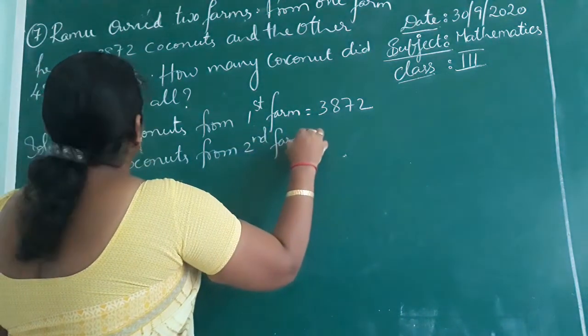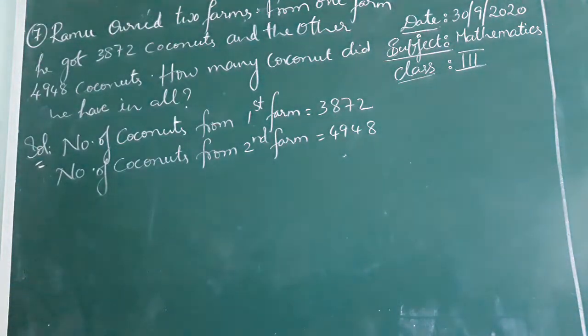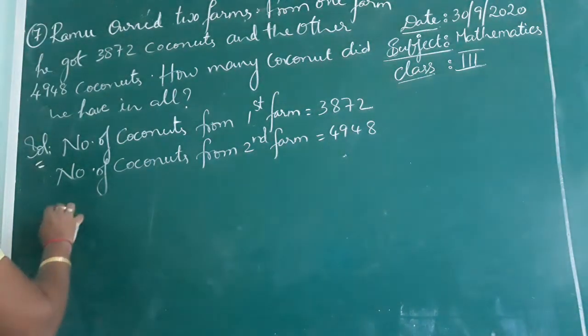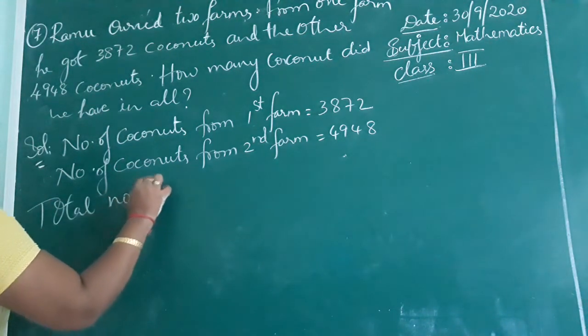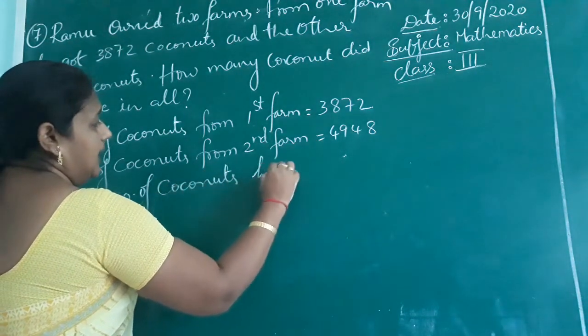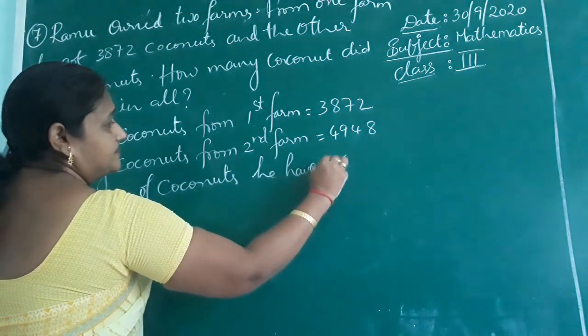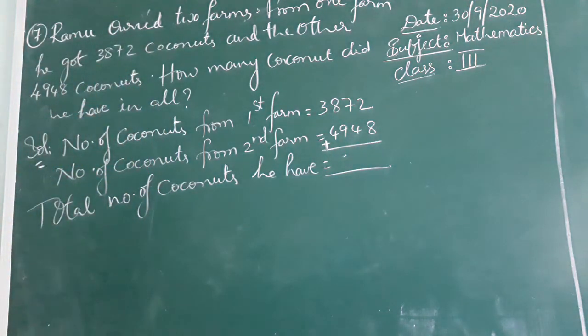How many? Those are 4,948. Children, what question do they ask? How many coconuts did he have in all? So totally how much will he get? Total number of coconuts he has. So what do we have to do? We have to do the addition.